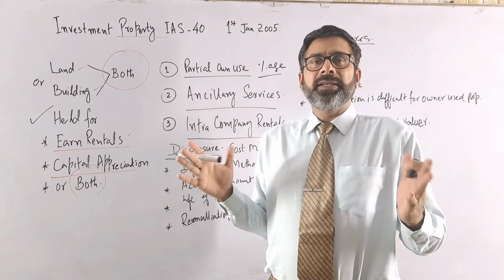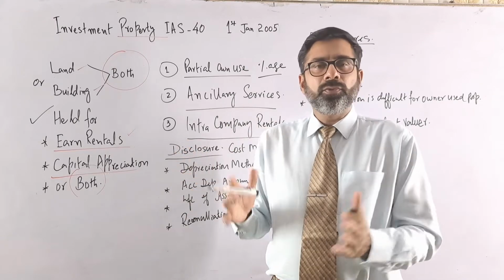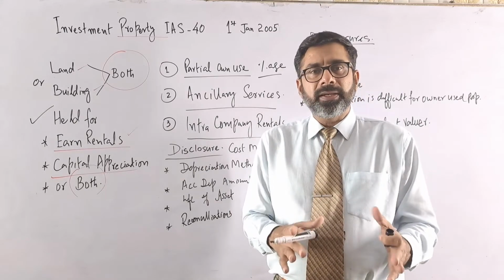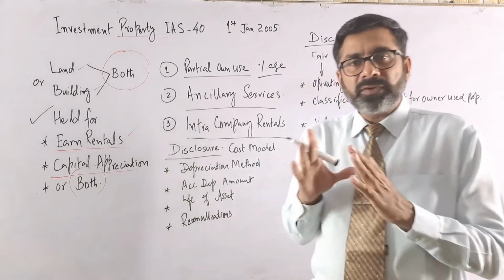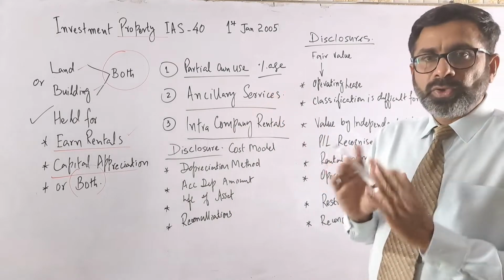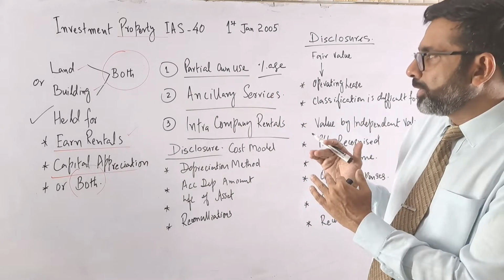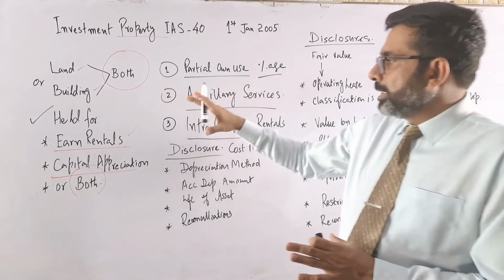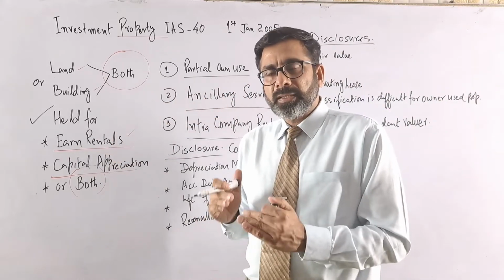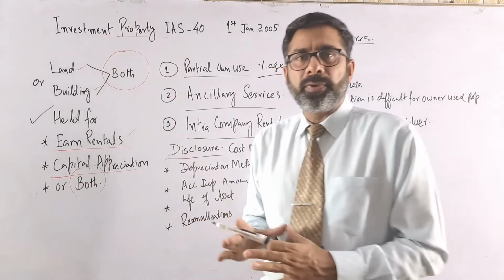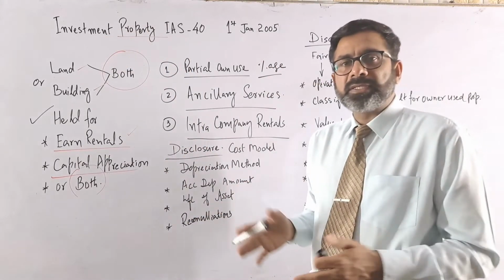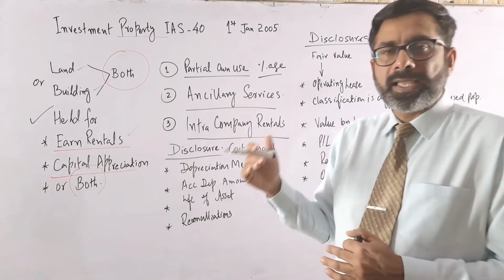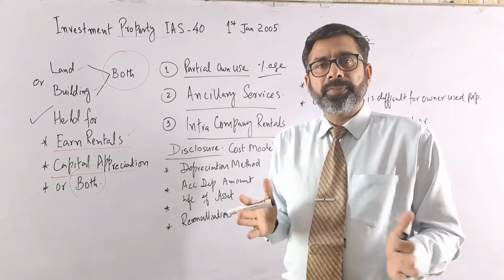For example, if the building has 20 rooms, out of which 14 rooms are used for rental purposes and 6 rooms are used for administrative or other purposes, we have to distribute the amount of that property. The 70% which is for rental purposes should be recognized as investment property, and the remaining 30% should be recognized under IAS 16, that is property, plant and equipment.